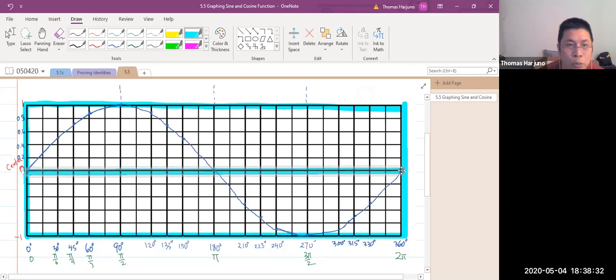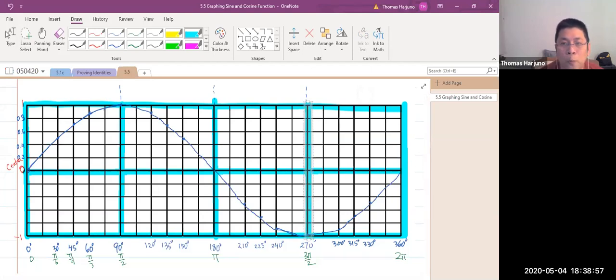So this is the two rows, 4 columns. Okay, we'll summarize that into 4 by 2.